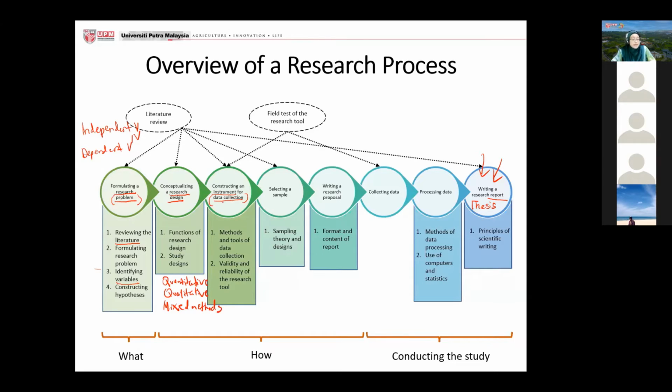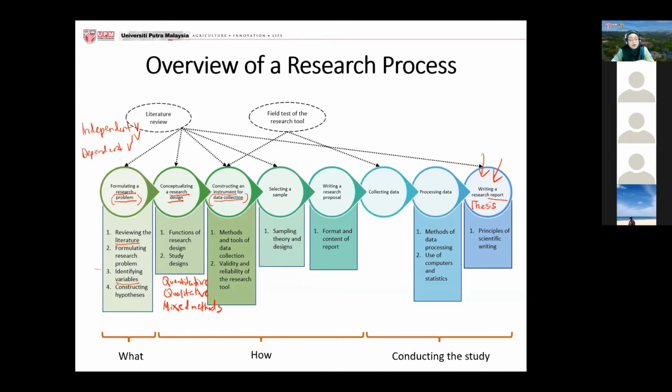And when you say instrument, it doesn't always mean device. It doesn't always mean, when you go into the field and bring portable water quality sensors, for example. That is an instrument.